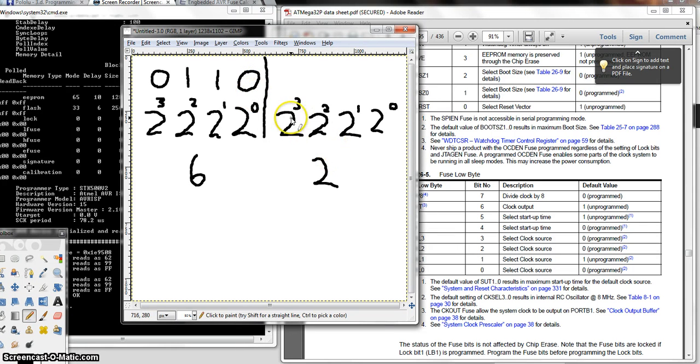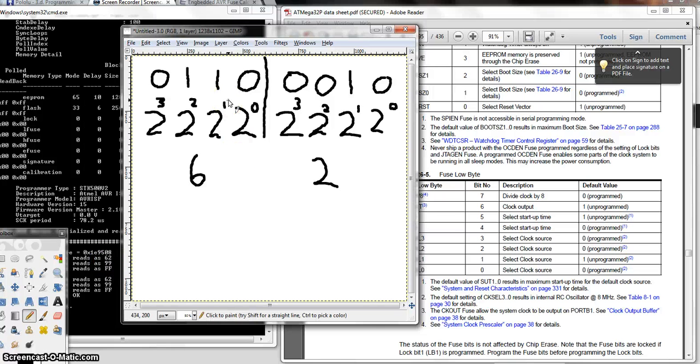The next one's the same way. We have a 2, so 2 to the 1 is a 2. I'll put a 1 here, and the rest of these are going to be 0. Okay, now we have our full byte, our full 62 factory setting here.